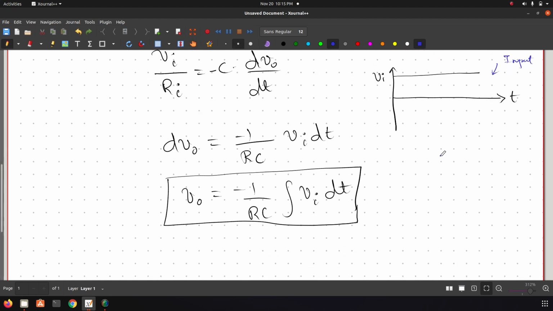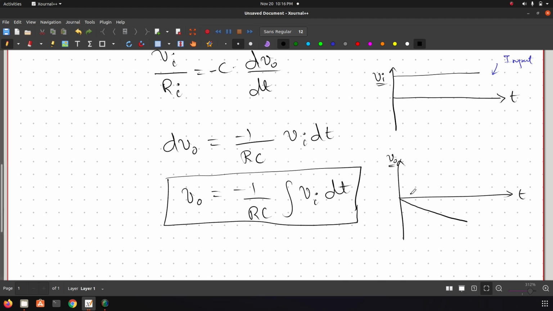We will be getting the output as something like, it's a constant and it's in the negative part. Therefore it looks something like this. This is time and this is voltage, this is V out, this is V in.